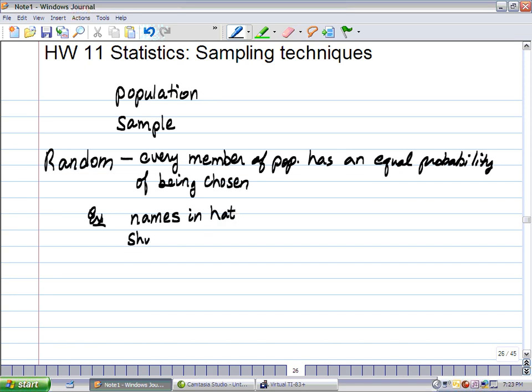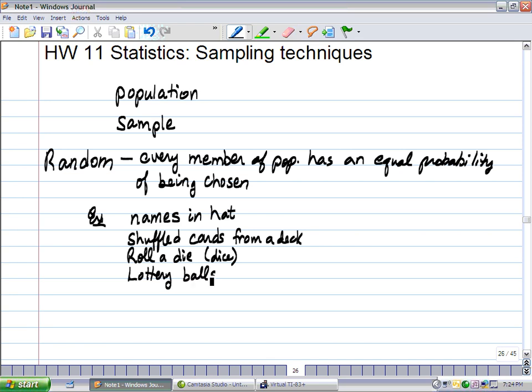We might pick shuffled cards from a deck. We might roll a die, or more than one, which are dice. We may do something like the lottery balls.